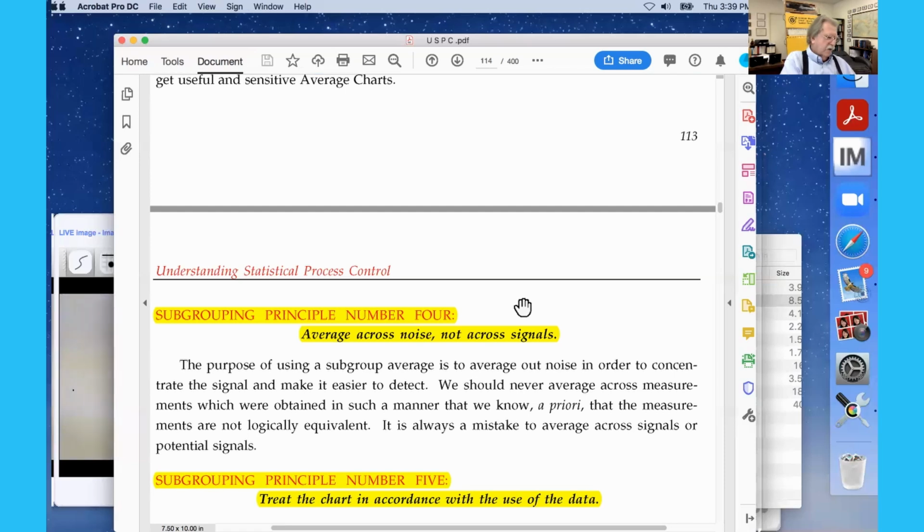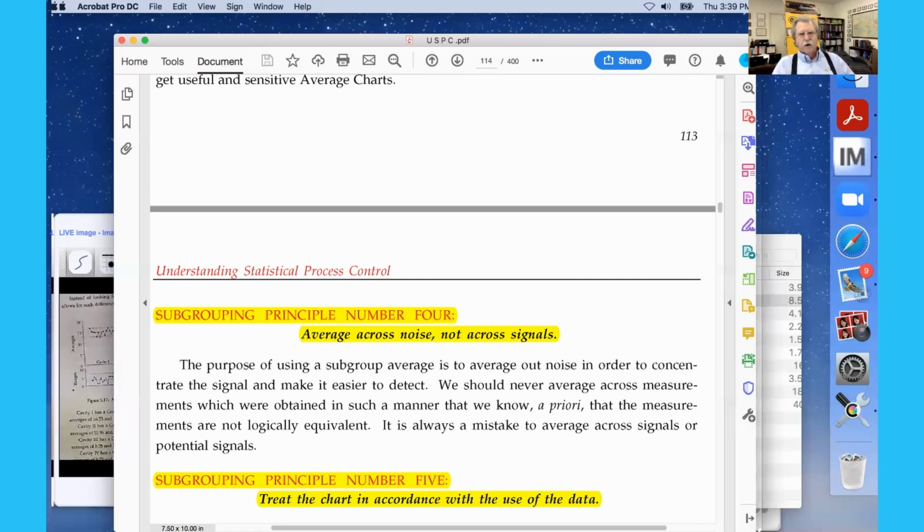Now look at the width of the limits on page 106. 8 to 12. When we had all 4 cavities in the same subgroup and the 4 cavities were different, it desensitized the chart. You want to avoid that. Don't bury the signals.